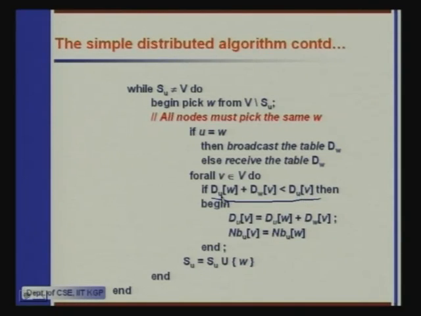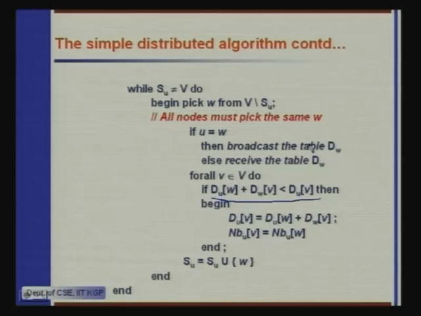So, therefore, those nodes for which duw is infinity need not receive the table dw. So, then the question arises, which are the nodes which will receive the dw? Okay. Instead of broadcasting it, we can send it to a subset of the nodes.